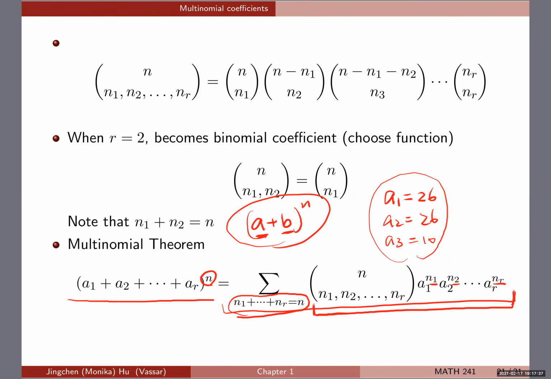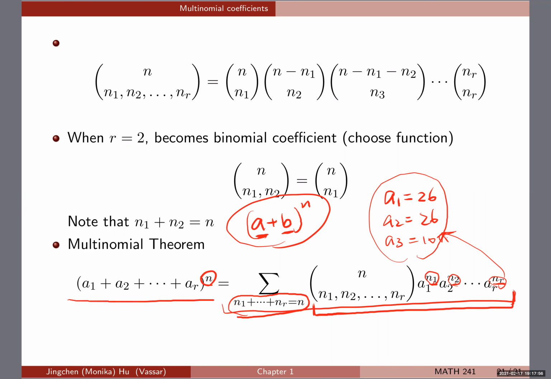Let me just say out loud, in this case, n1 will be the number of capital letters, n2 will be the number of small letters, and then we have n3, which will be the number of digits used in the license plate.